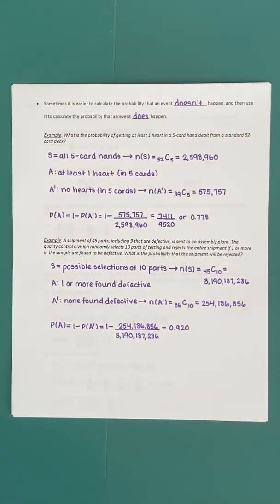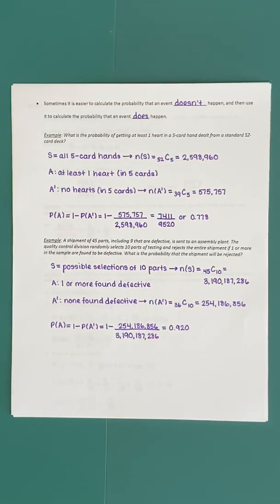Now again, sometimes it's easier to calculate the probability that an event doesn't happen and then use it to calculate the probability that an event does happen. So anytime we have an event versus its complement, they always work formulaically in the same way in terms of probability. 1 minus the probability of one gives us the probability of the other.